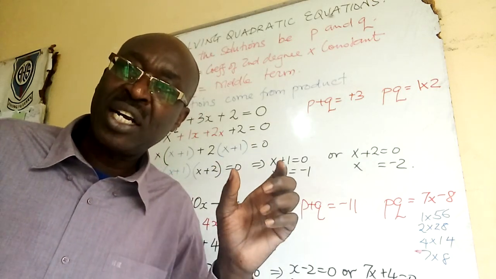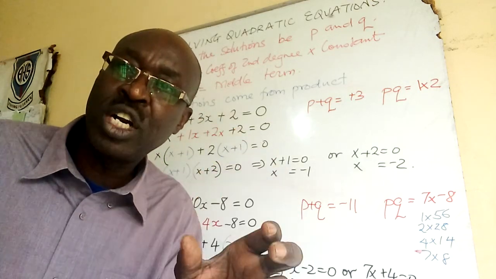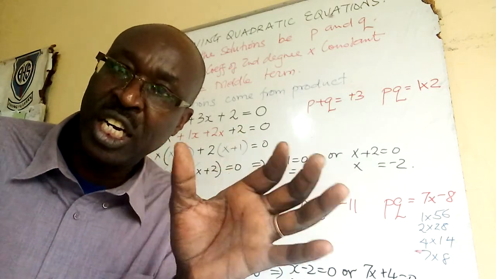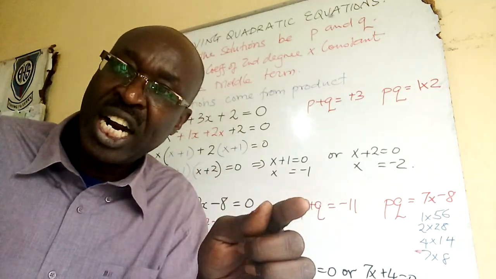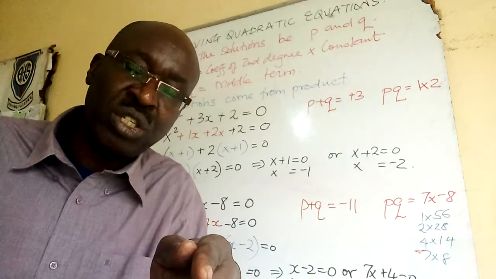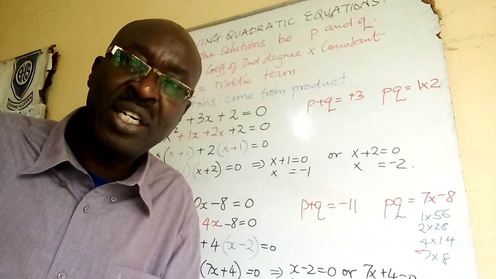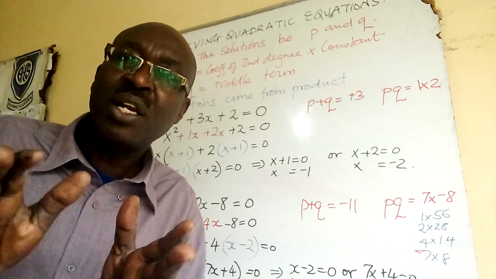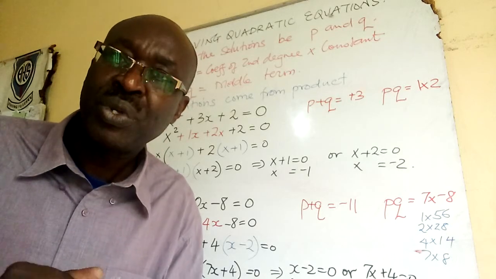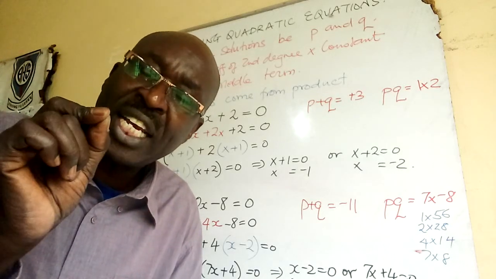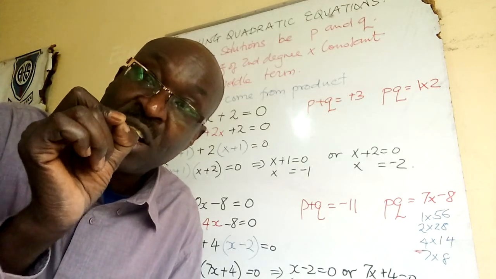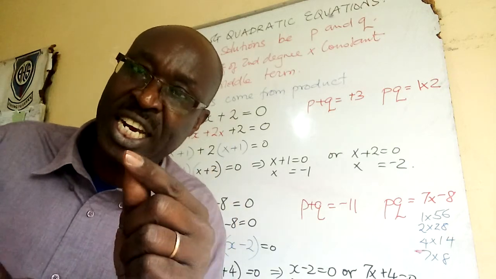So we are dealing with quadratic equations in a sense. Quadratic expressions, when they are equated to 0, then we are trying to solve. To solve is to get the exact value of a given letter.